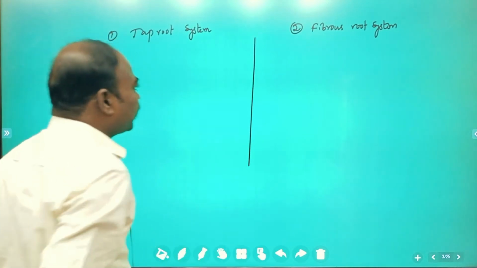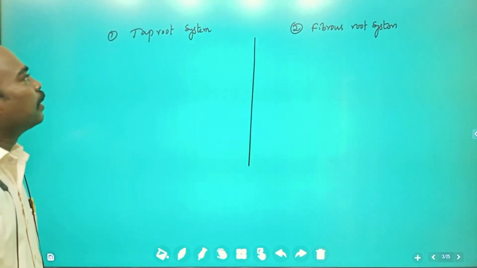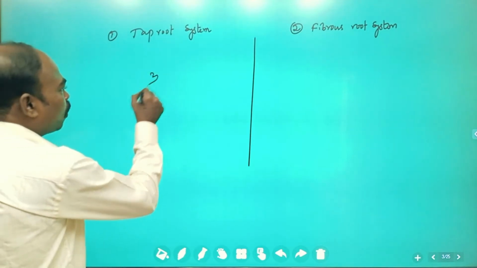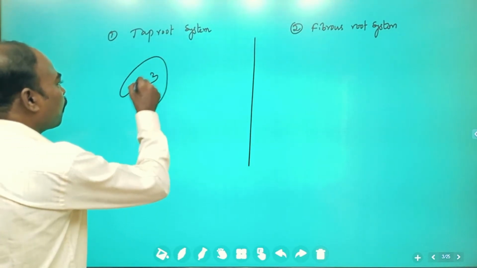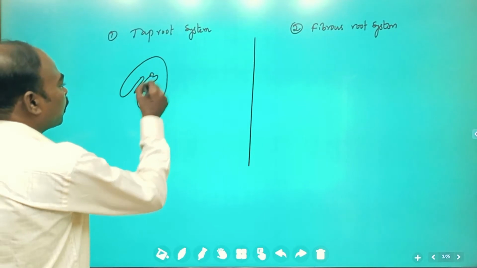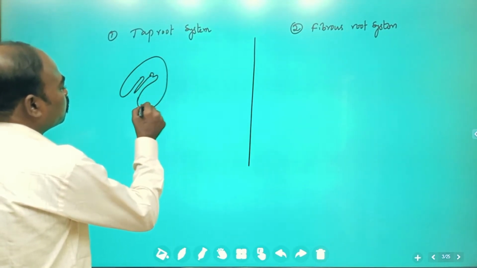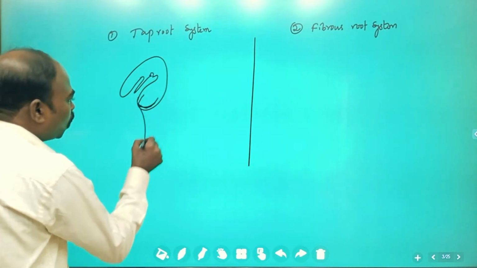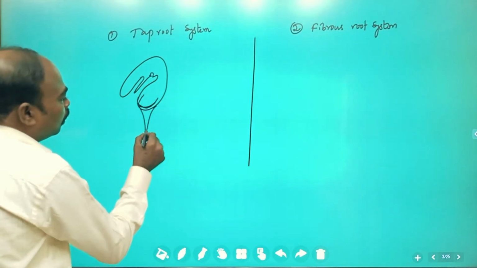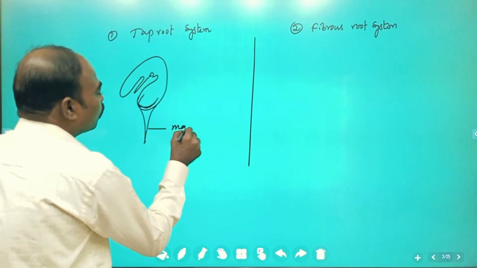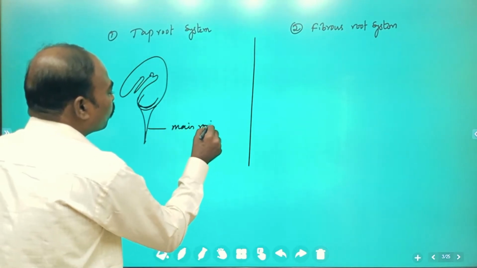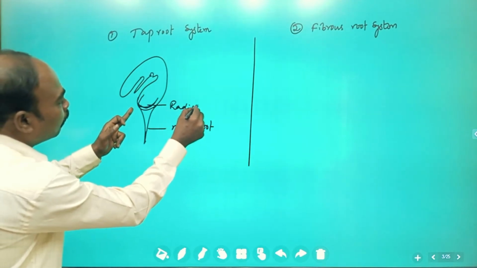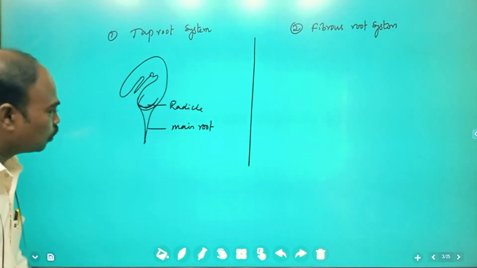What is the difference between these two, tap root system and fibrous root system? Let us see. The direct elongation of radicle grows into a main root. The direct elongation of radicle gives the main root.